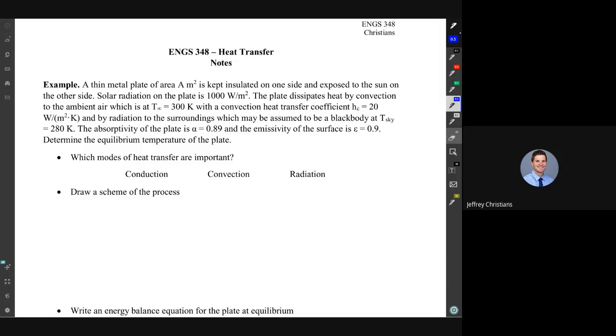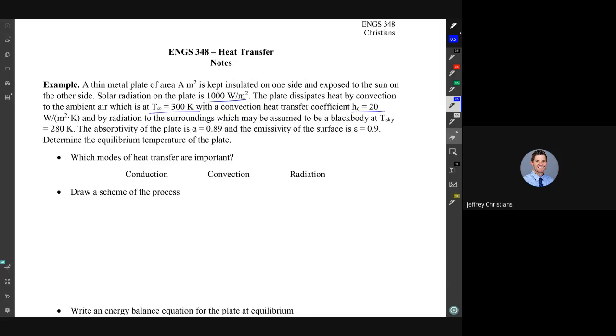Okay, so we have a thin metal plate of area A. It's insulated on one side and exposed to the sun on the other side. Solar radiation on the plate is 1,000 watts per meter squared. The plate dissipates heat by convection to the ambient air at 300 K with a convection heat transfer coefficient of 20 watts per meter squared Kelvin.